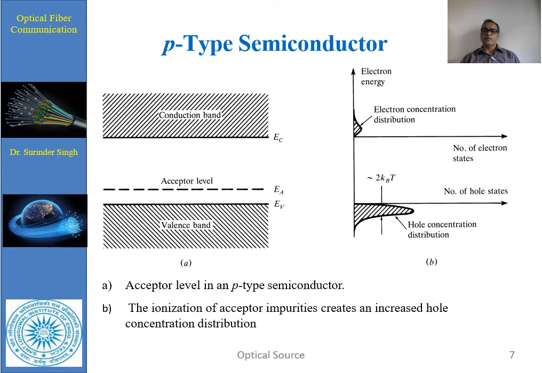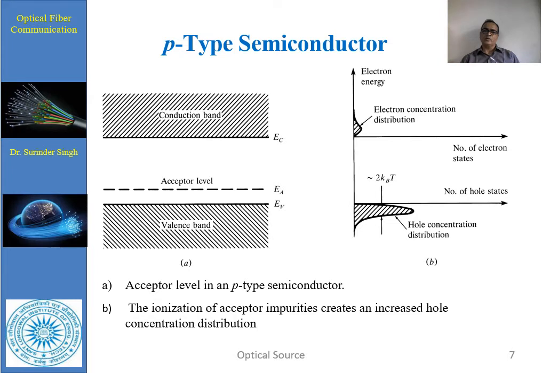So there is an acceptor level just above the valence band. In this case, if we see the electron concentration, there is a deficiency of electrons.